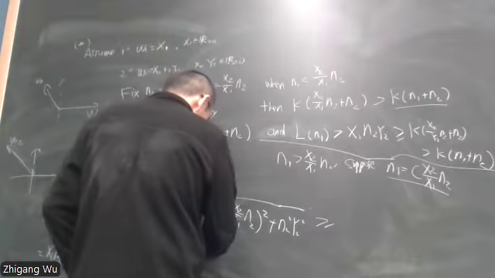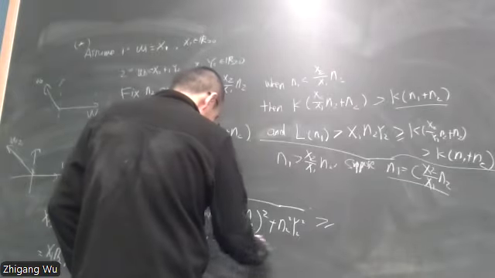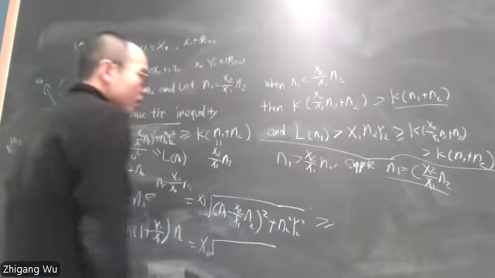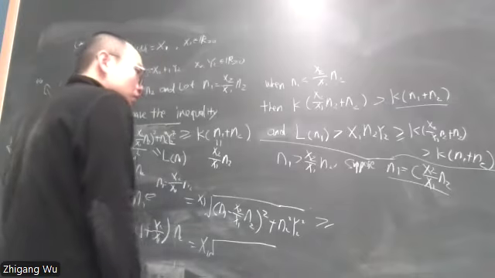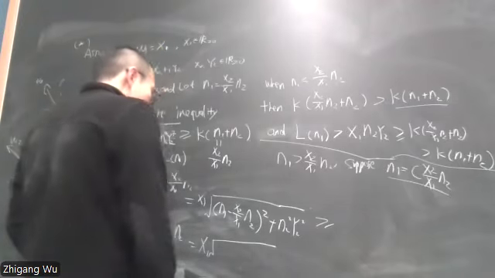So this becomes what? X1 times, so this is just C minus one, right?